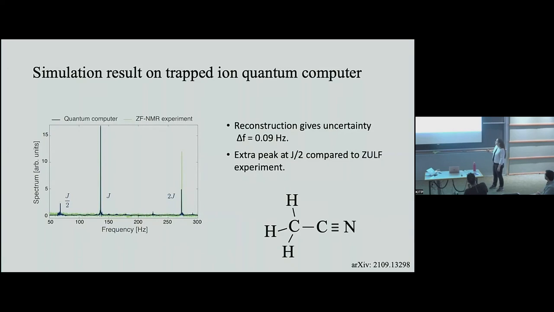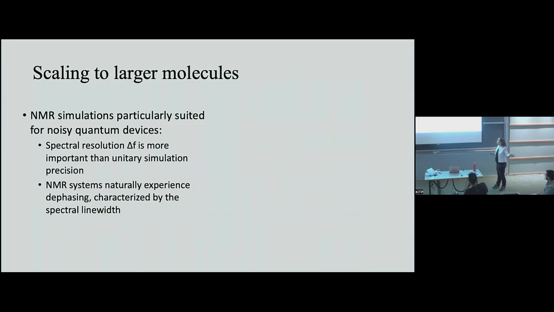It has this symmetry to it, and so there's an interesting story of how this J/2 peak falls out of it, and we now know what to look for and how to account for this as we scale up to larger and larger molecule sizes. So that's available in the paper on the arXiv if you're interested in that story. I guess I could also answer questions.